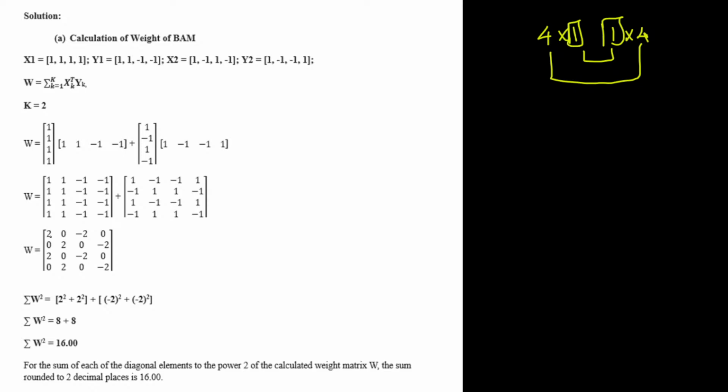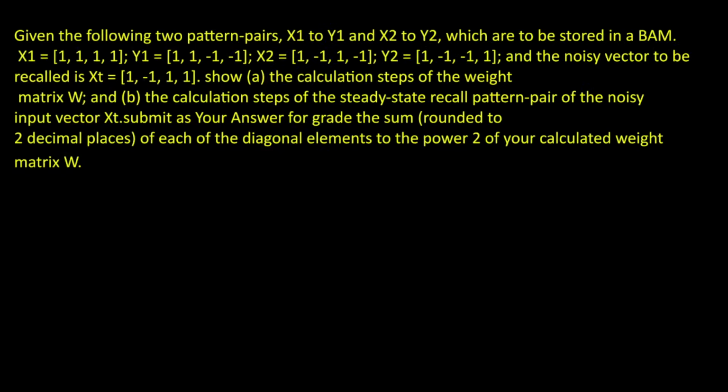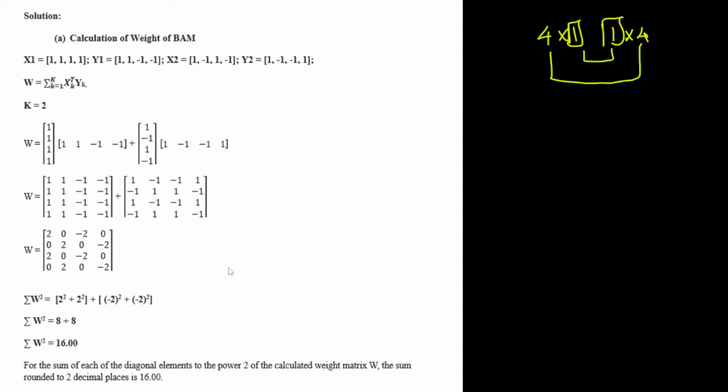If you look at the diagonal, we have 2, 2, minus 2, minus 2, and we have to square them and add them together. So here we can see the summation of w square is equal to 2 square plus 2 square plus minus 2 square plus minus 2 square, all together that will give us 16. Since the question is asking us to round to 2 decimal places, we put it as 16.00. Okay, that's the A part of the question.